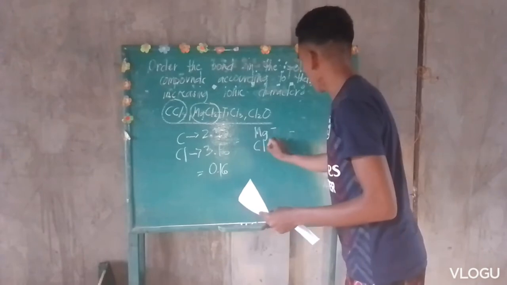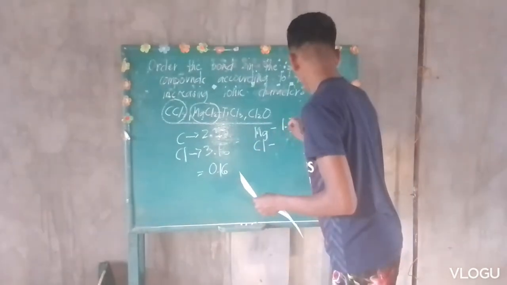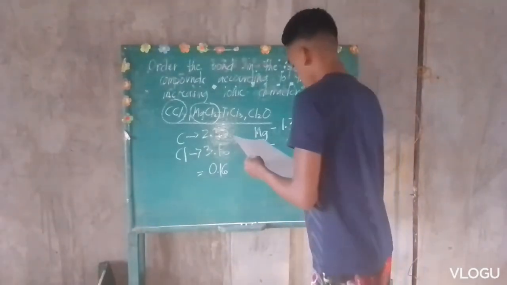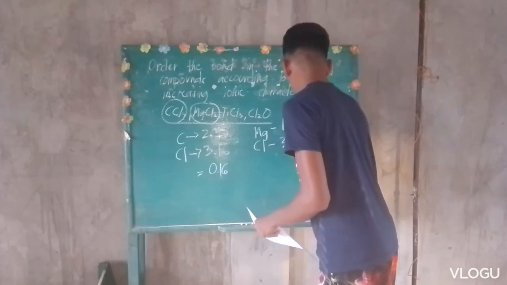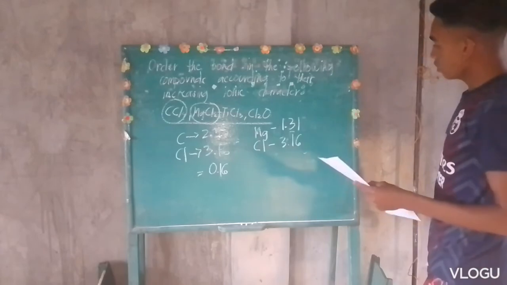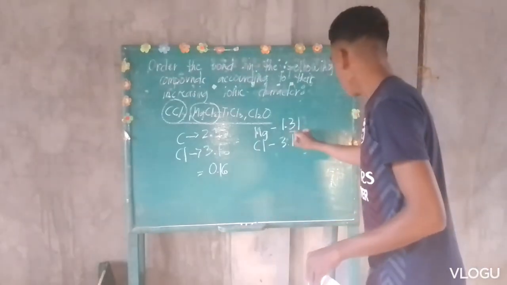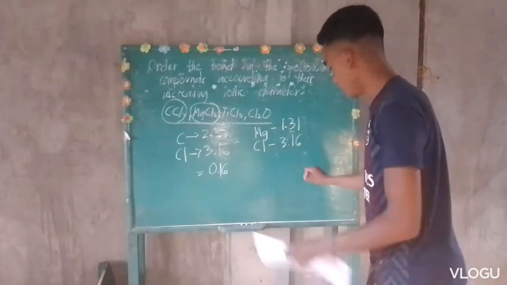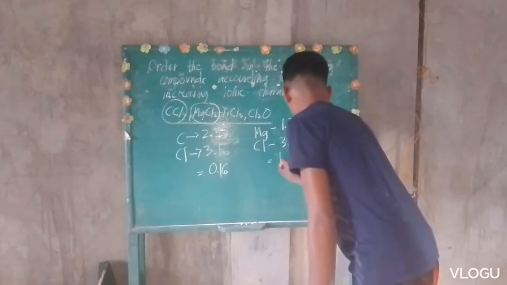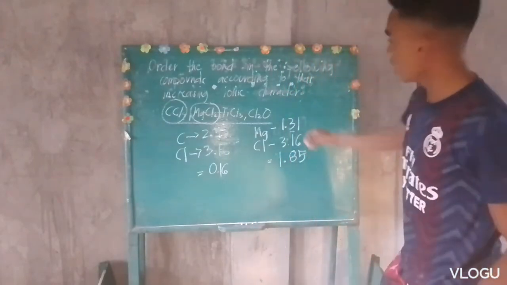The electronegativity of magnesium is 1.31 and chlorine is 3.16. So we will subtract these two. 1.31 minus 3.16 is equal to 1.85.